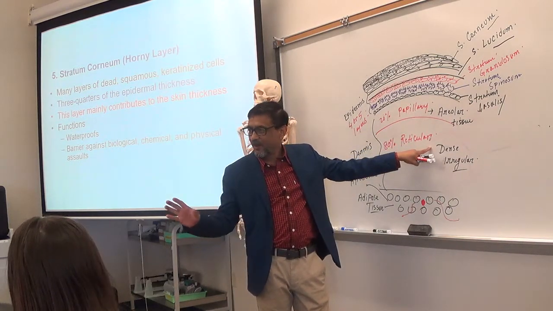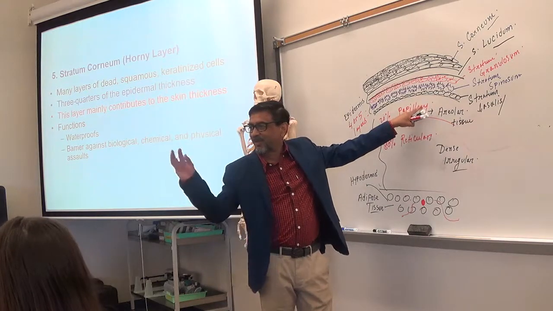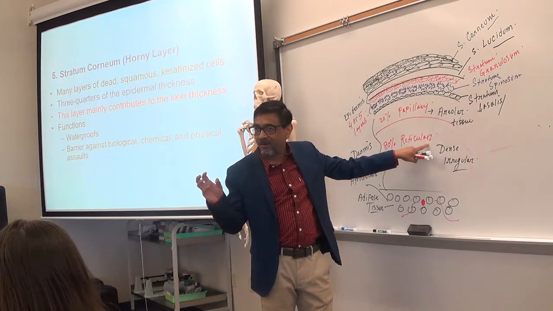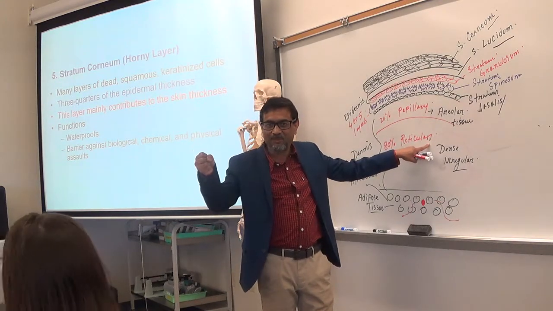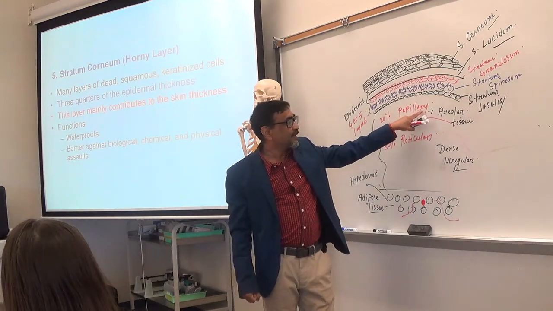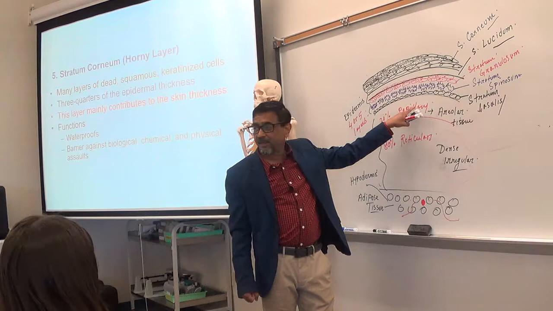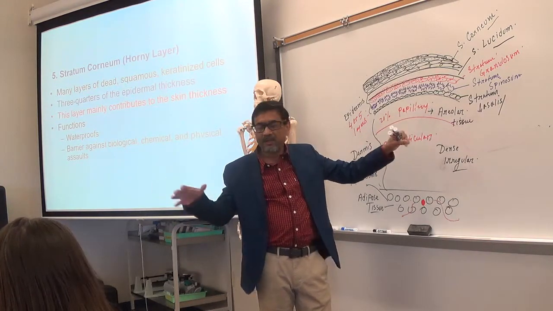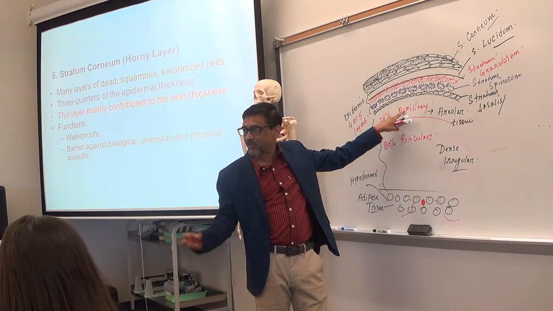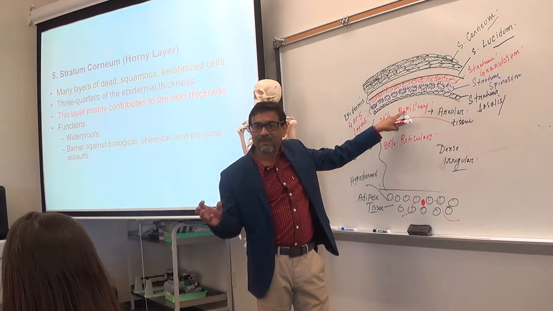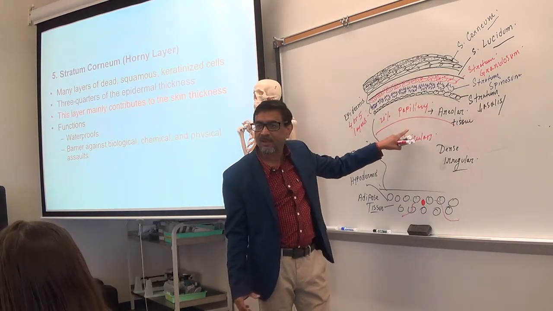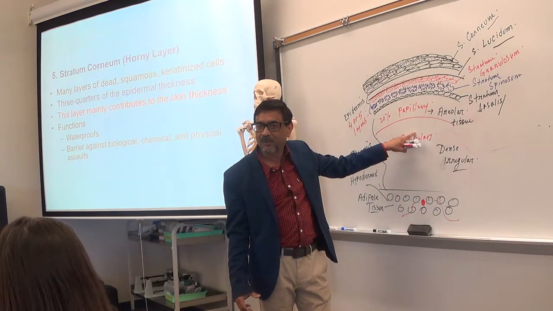Is it clear? So this layer is soft, loose areolar. And this layer is hard because it is dense connective tissue. So microorganisms can easily penetrate and enter into this layer and spread, or injury can easily occur in this layer, because this layer is soft. But injury doesn't occur easily in this layer because this is very tough.